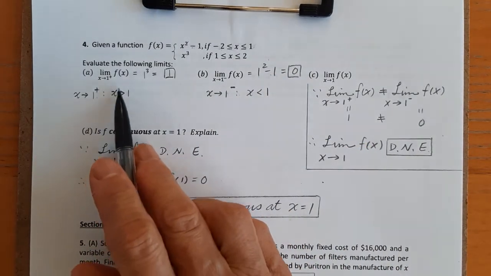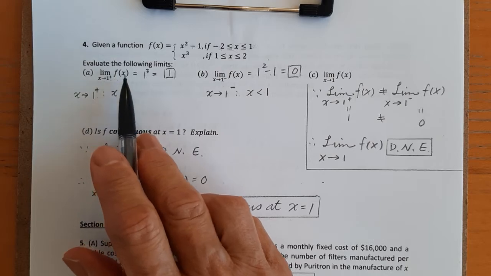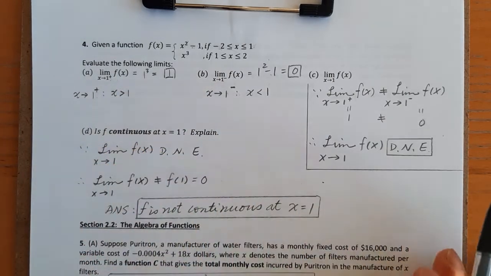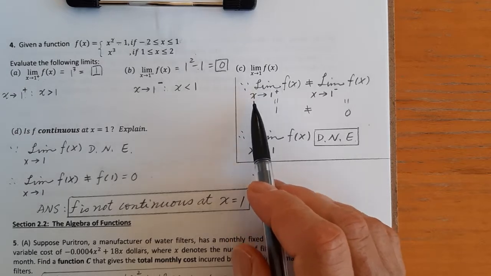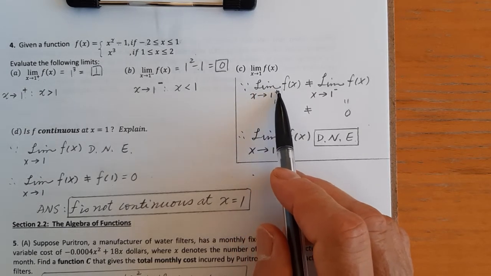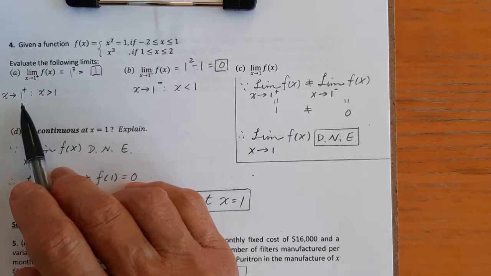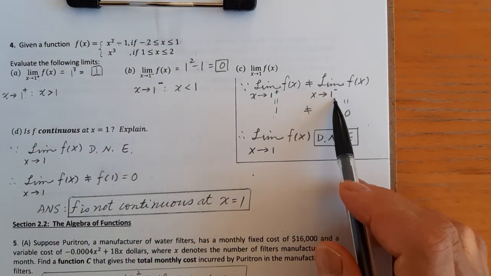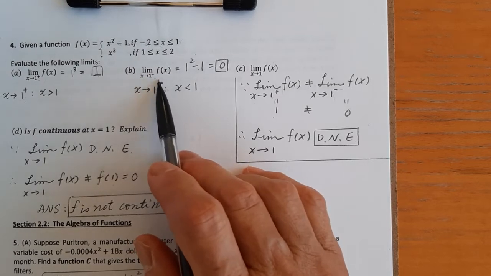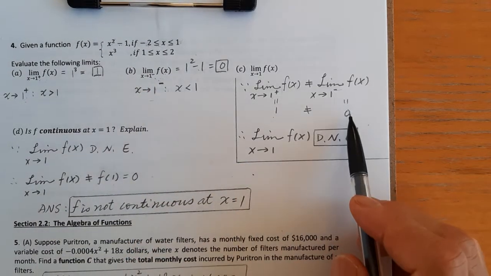And since the limits as x approaches 1 from the left and from the right are not equal, the limit from the right-hand side is 1 and from the left-hand side approaches 0.